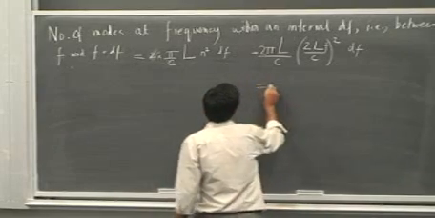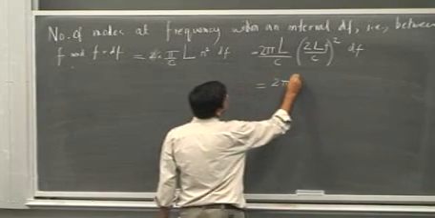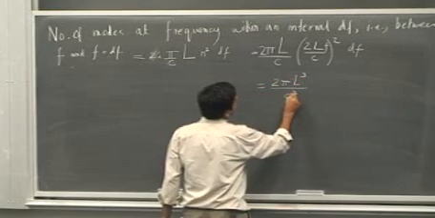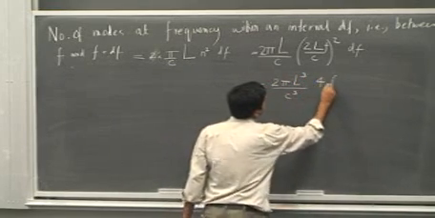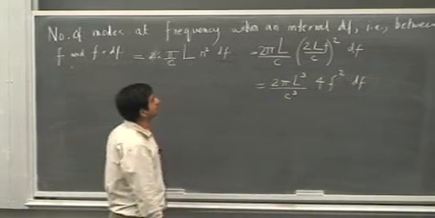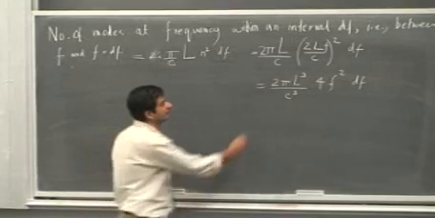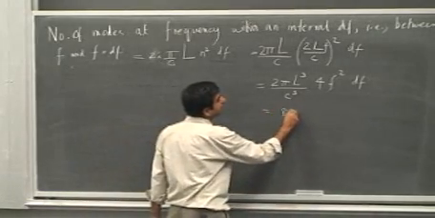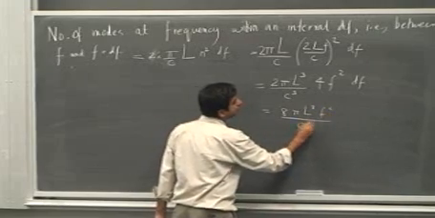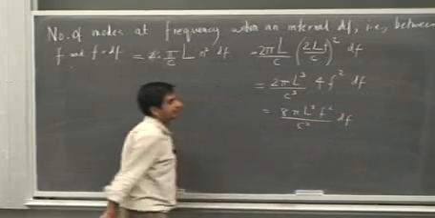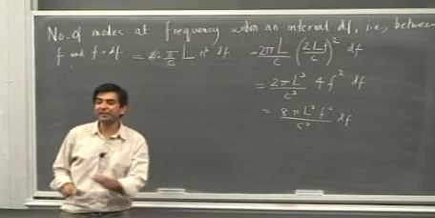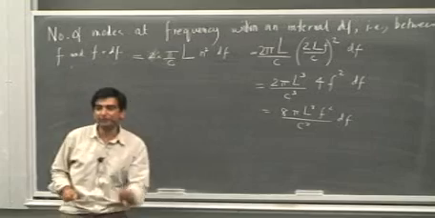This turns out to be 2 pi L cube over C cube times 4 f squared df, which is 8 pi L cube f squared over c cube df. So this is the number of modes within the frequency range df at the frequency f.